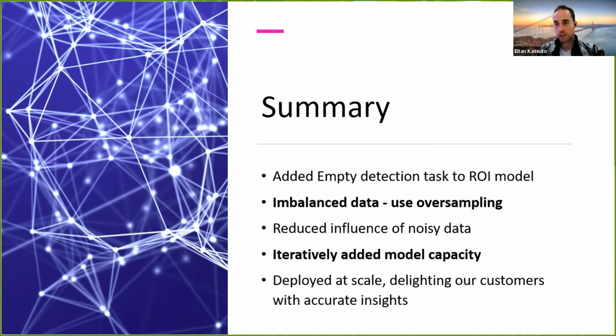And since we started off with a lightweight model, we were able to iteratively add model capacity such that at the end we had the optimum model for multitask, which was lightweight yet high performing. And of course, after some testing, we're able to deploy this at scale and delight our customers with accurate insights.